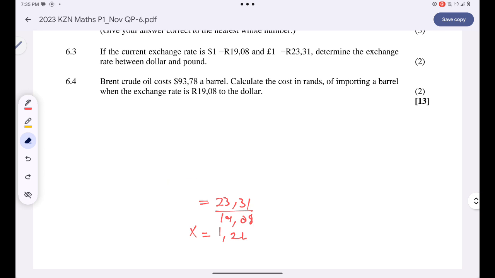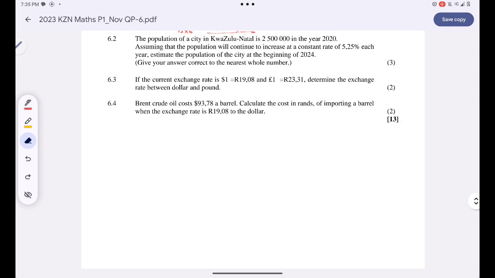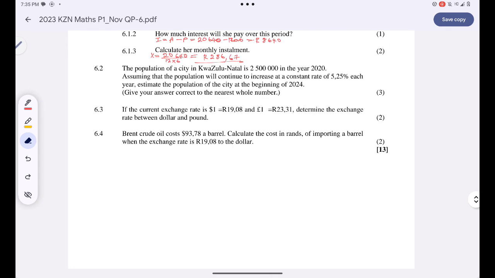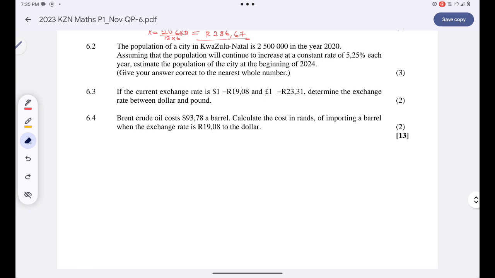Brent crude oil costs 93.78 dollars a barrel. Calculate the cost in rands of importing a barrel when the exchange rate is 19.08. I know that $1 is equal to 19 rand 8 cents.